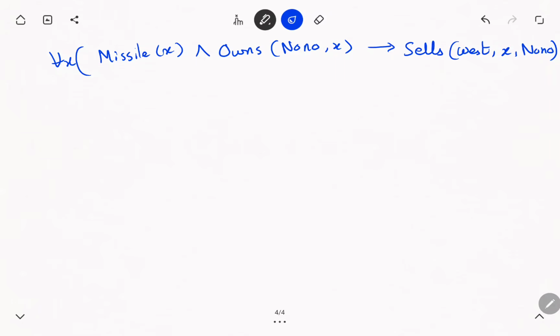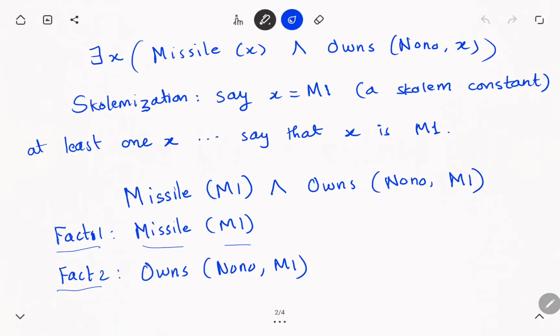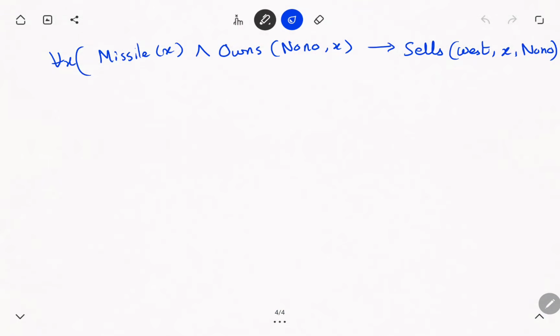We know that owns no, comma x. From fact 1 and 2, we know that missile M1 is true and owns no, comma M1 is true. So we can easily prove the left hand side of this. So we can apply modus ponens.